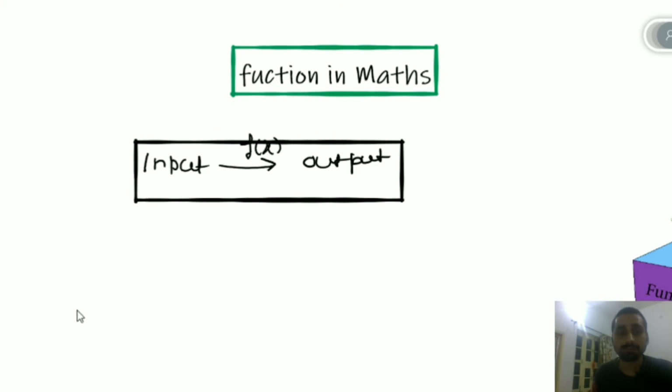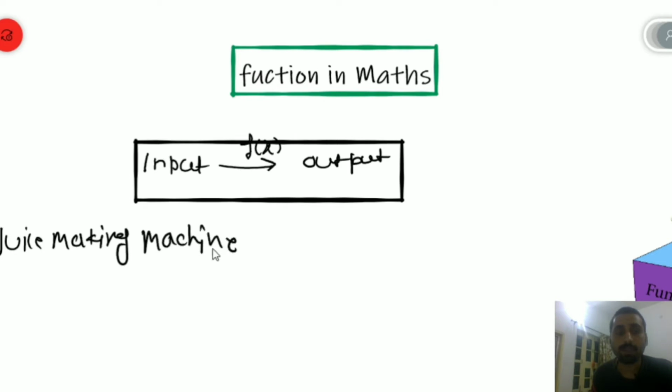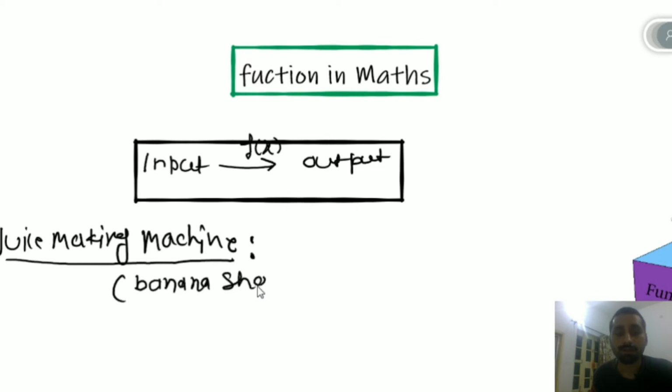Let us take an example of input: a juice making machine. In the juice making machine you have to give input. We want to make a banana shake.